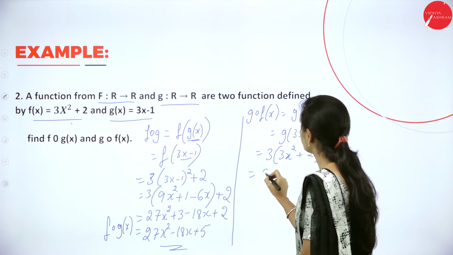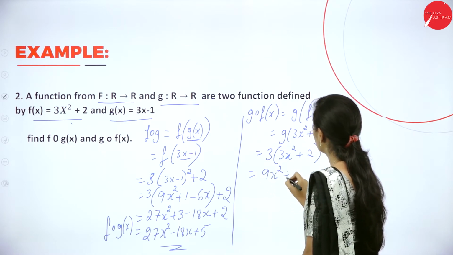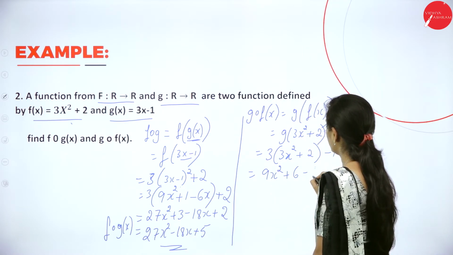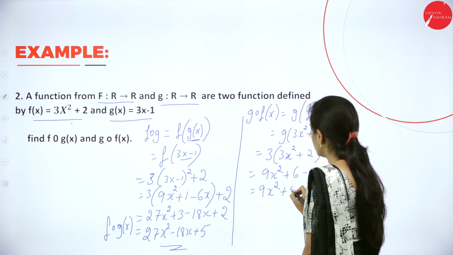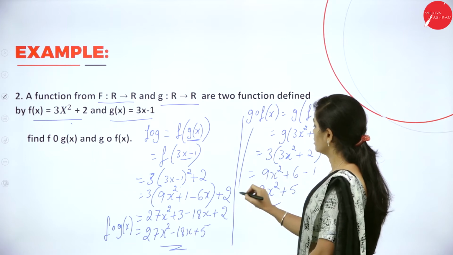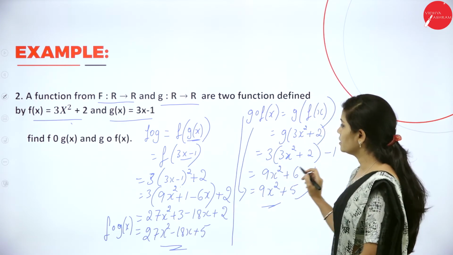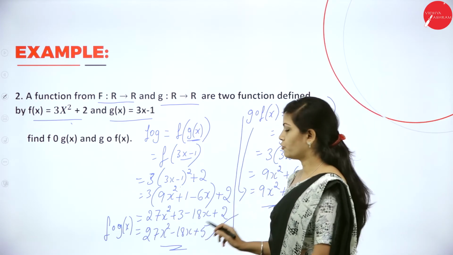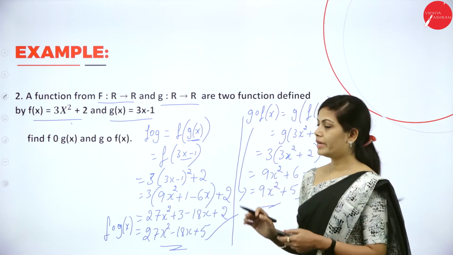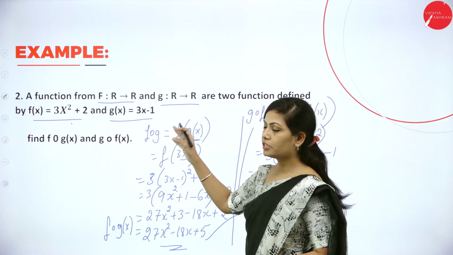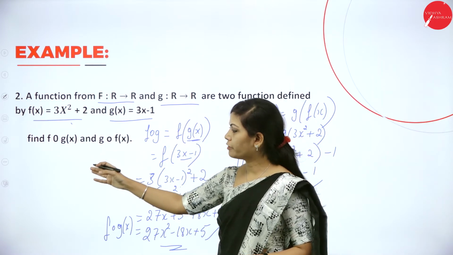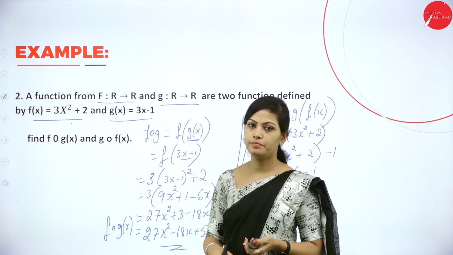Multiply this: 9x square plus 6 minus 1. So 9x square plus 5 is your gof x. Very simple concept. So first you need to check f of x and g of x and find out f of g and g of f.